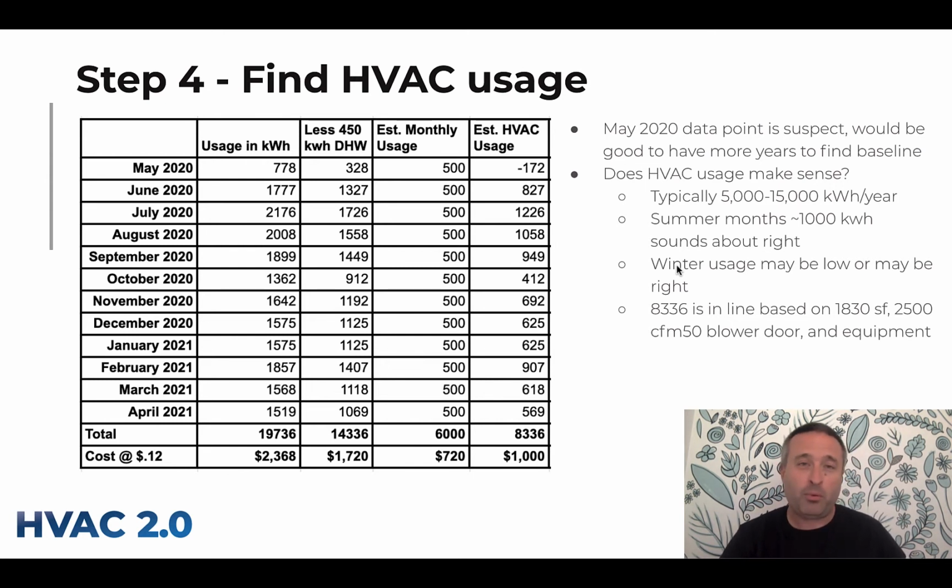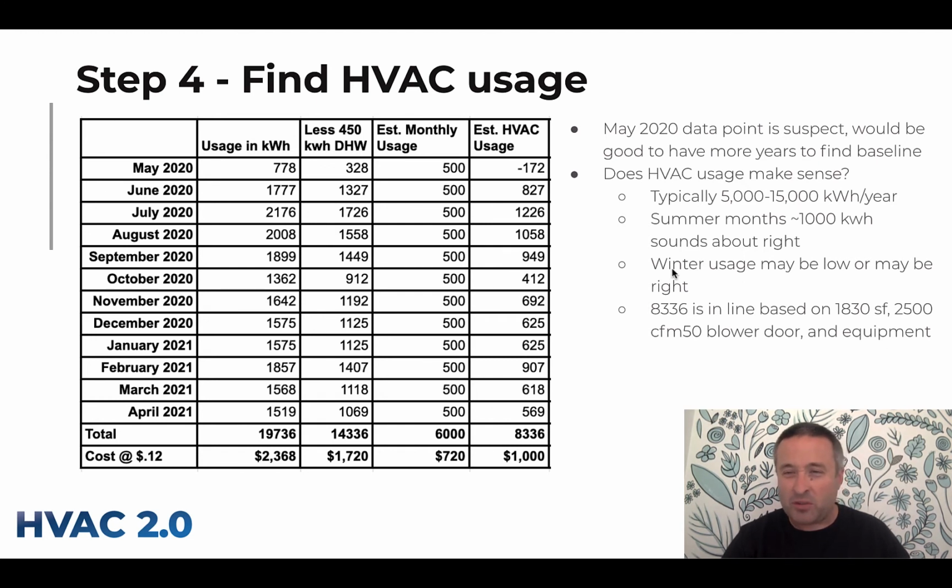My friend Neil Comparetto has a 2,000 square foot house in Virginia, which is a very similar climate, with a 2-ton, and the 2-ton shuts off at design for him, which is 17 or 18 degrees. So the odds are this is oversized, and that makes sense because if there was resistance in here, the usage would be higher than the summer usage. So I don't think there's resistance in here.